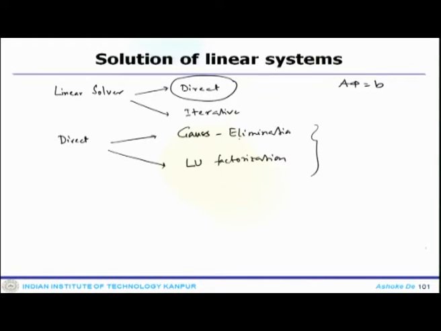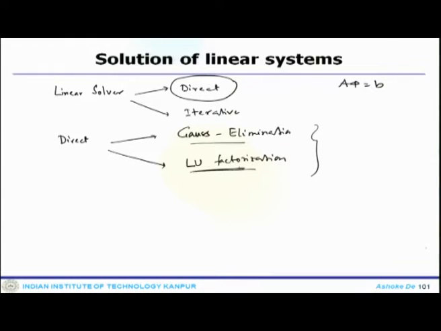And what we have seen is that LU factorization requires more operations, but it provides better flexibility compared to the Gauss elimination process, and this can be used if the coefficient matrix is not changing. It can also be used for a different right hand side vector b.